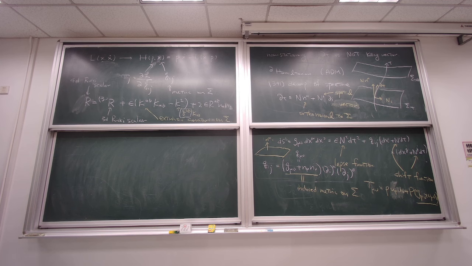If you consider only the bulk term, the Lagrangian 16 pi G L can be understood as n times R3, the three-dimensional Ricci scalar, plus K A B K A B minus K squared, times n square root q d^4x.